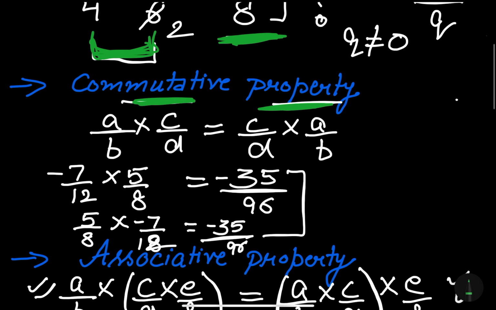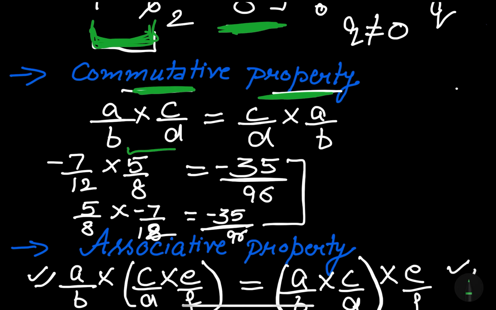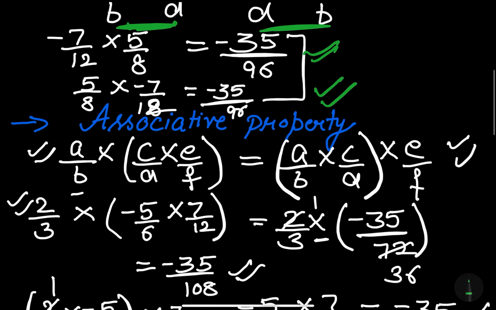This property says that we can multiply two rational numbers in any order, whether a by b into c by d or c by d into a by b, the answer is always equal. Like if we multiply 2 by 3 into 3 by 4, that will be equal to 3 by 4 into 2 by 3.